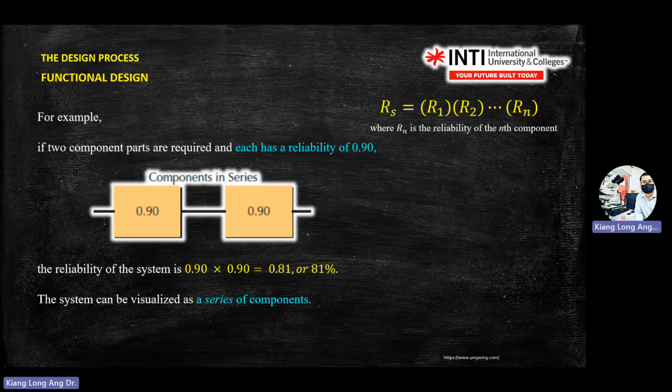It means the more components you put, the more it will drop the system reliability. The more you put inside there, it will drop because it keeps on multiplying, and not all components are 100%. Even with 99.9%, if you multiply 10 times you'll get below 80%.